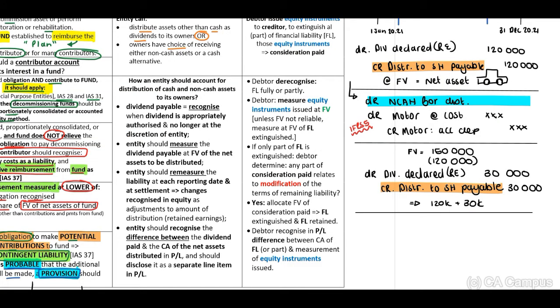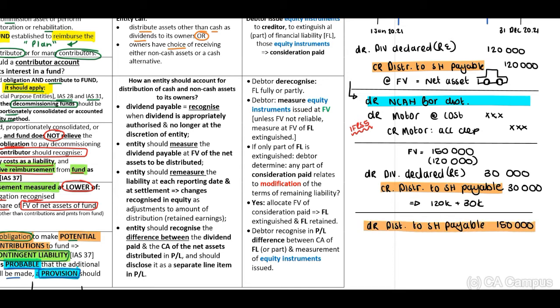We have now remeasured the dividend in specie, but what will happen when we settle this dividend and actually transfer the vehicle to the owner? We will have to debit our distribution to shareholders payable account with 150,000, because we are now clearing this account, we're transferring this.